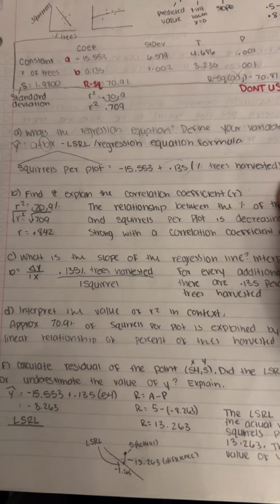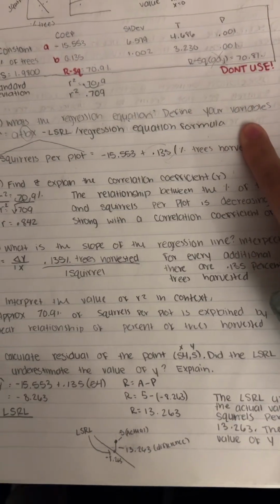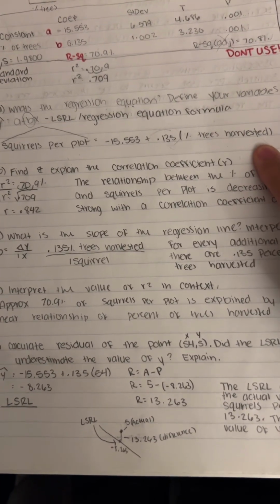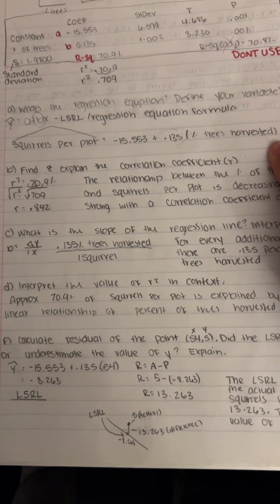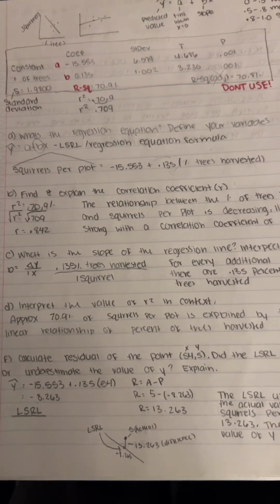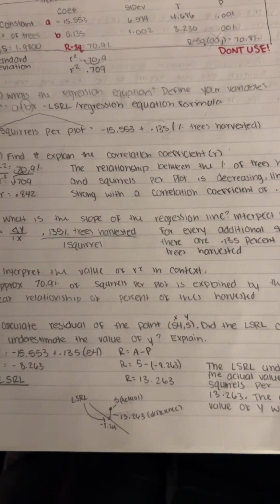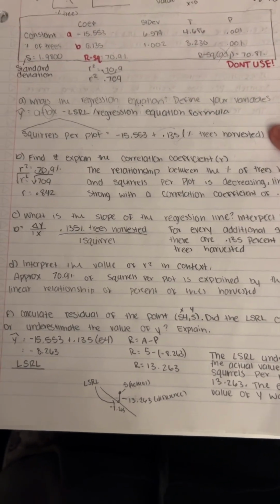Since it says to define your variables, or add context, it means you have to write what the equation is talking about. This one's talking about squirrels and percent of trees. That's how you answer the first one.